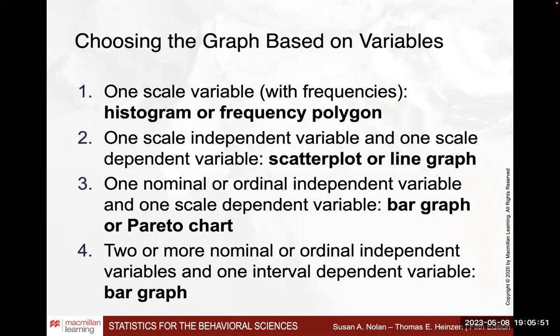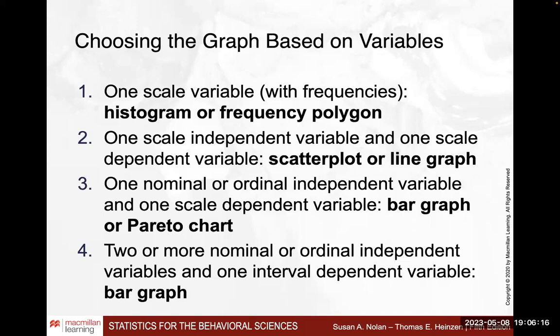One scale variable you depict with a histogram or a frequency polygon. So you basically just want to understand the frequency distribution. If you have one scale independent variable and one scale dependent variable, that's a scatter graph. But if the independent variable is time, then you use a line graph for a time series plot.